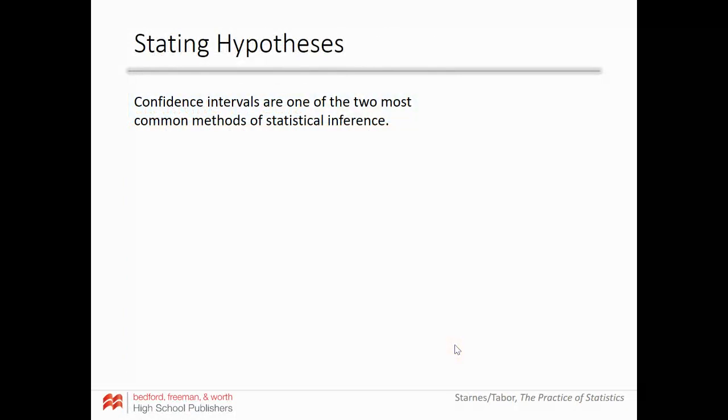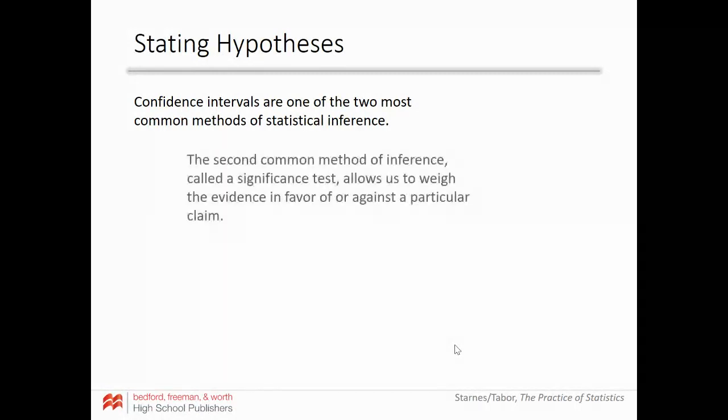All right. So we just finished talking about confidence intervals, which is one of the two most common ways to talk about statistical inferences. What we mean by that is we're trying to infer something about a parameter. So we use a confidence interval to try and give us a range or an interval to narrow down what that parameter could be.